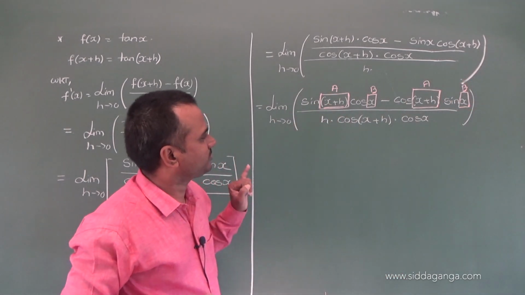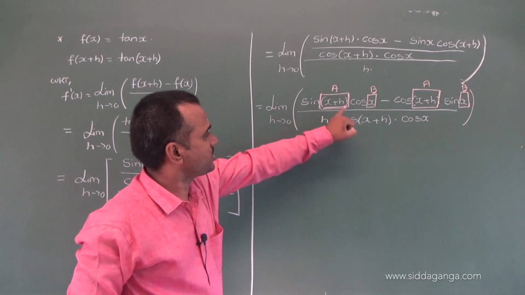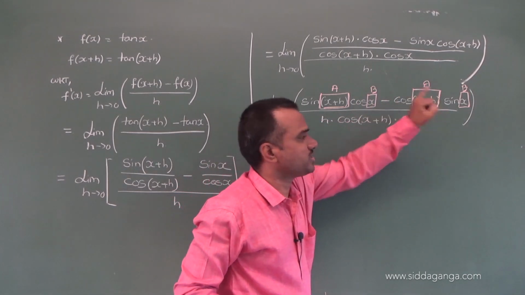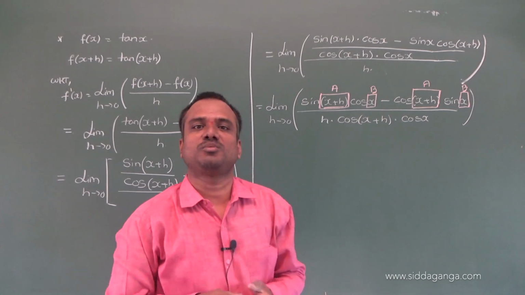See, observe here, it is in the form of sin A cos B minus cos A sin B. Which formula? Compound angle formula.